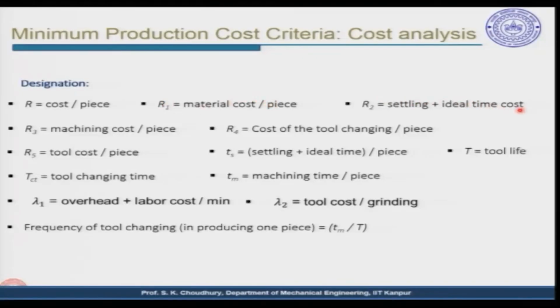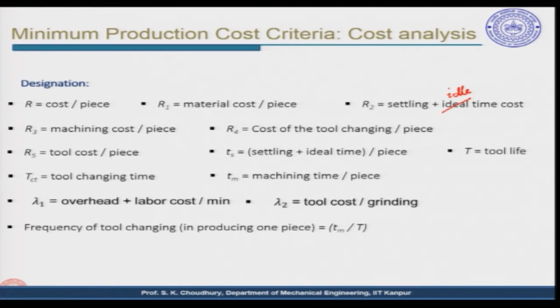Setting plus idle time cost is this: before your machining starts, the operator has to set up the machine, set up the speed and feed, and clamp the workpiece. And there is some idle time. Sorry, please correct it, this is idle time. Idle time is when a machine is not working, the machine is idle.